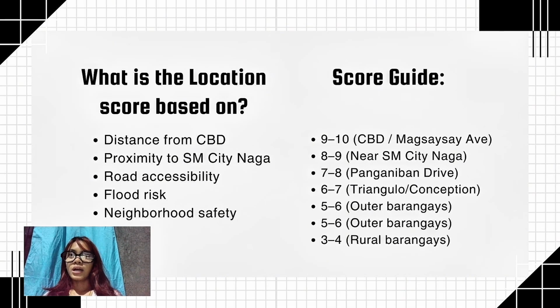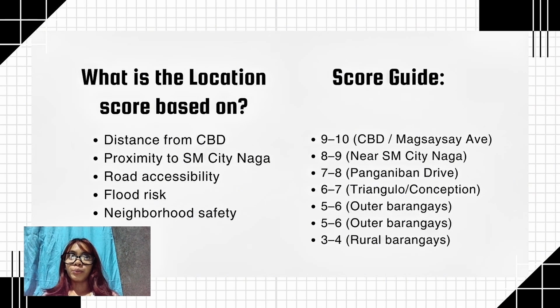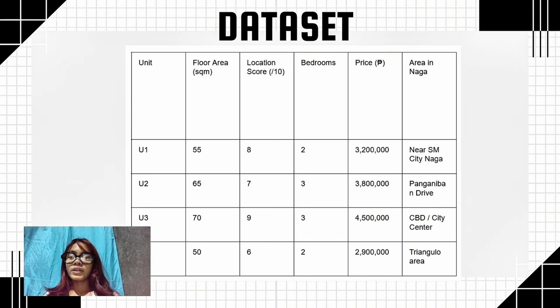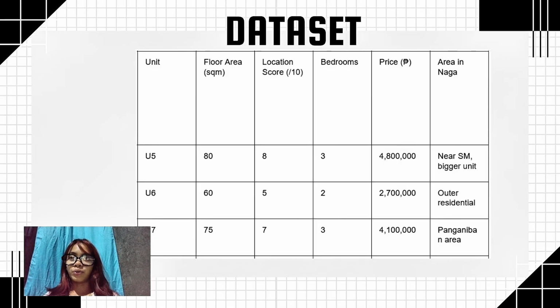For example, higher scores like 9 or 10 are in the city center, while lower scores are in more rural or less accessible areas. Here are the 7 known townhouse units Maria found. Each unit has information about its floor area, location score, number of bedrooms, and price. We will use this data to build a model that can estimate property prices.